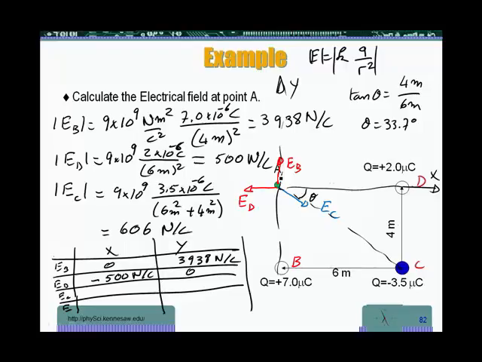Now, for EC, it's a different story. We have to worry about both x and y components. So, for the x component, it's going to be 606 newtons per coulomb times cosine of 33.7. Okay, again I repeat it, 606 newtons per coulomb times cosine of 33.7. So that gives me about 504.